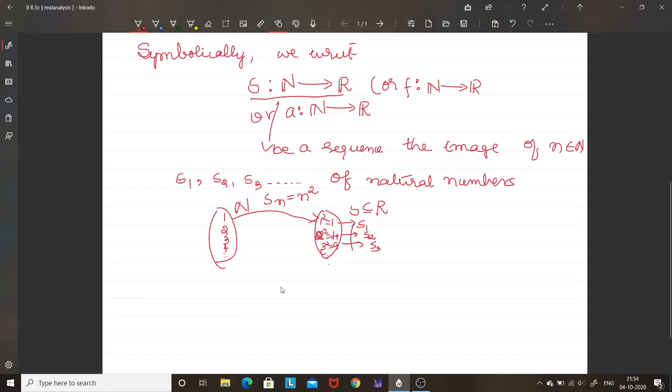Natural numbers, this is 1, 2, 3, right? So you see the first natural number, second, third, fourth, and the image of each. These s1, s2, s3, and so on are called the terms or elements of the sequence.